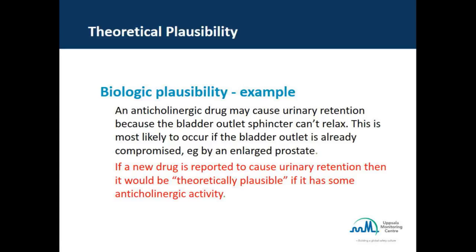It's most likely to occur if the bladder outlet's already compromised, for example, with an enlarged prostate. If a new drug is reported to cause urinary retention, then if it has some anticholinergic activity, then that is biologically plausible. So that's one example. We then talk about coherence.